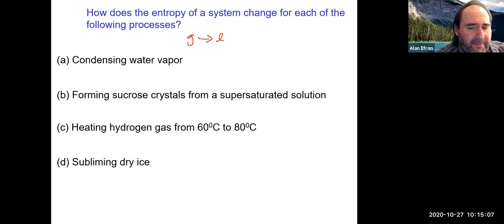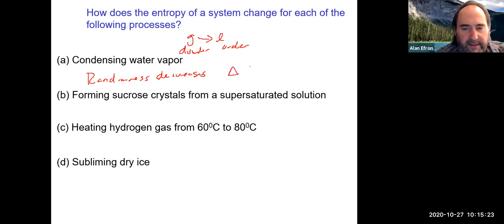That means we're going from more disorder to a more ordered state, and we would expect the randomness to decrease. That would mean the entropy value would be negative in this case. We would expect a lot more order, so the delta S value would become more negative as this happens.